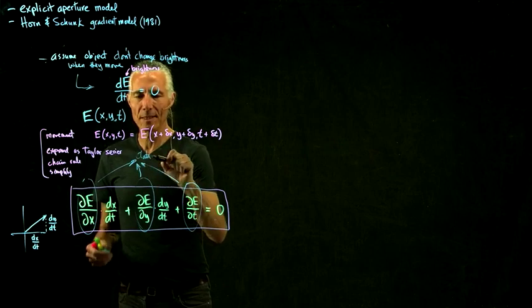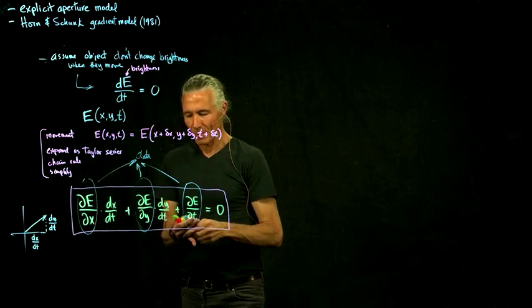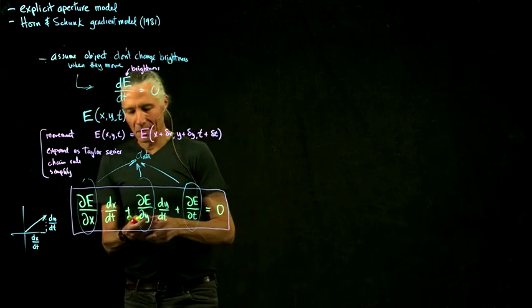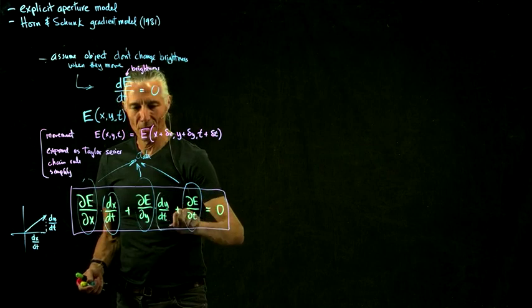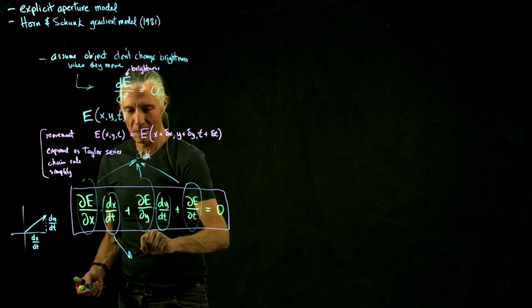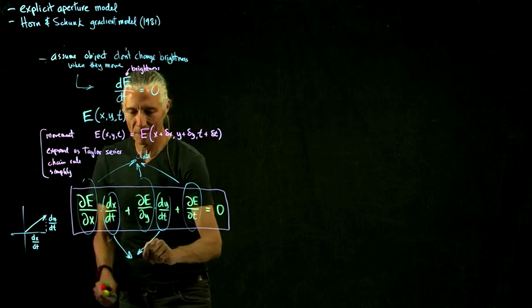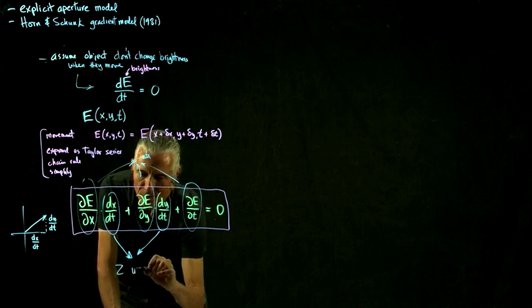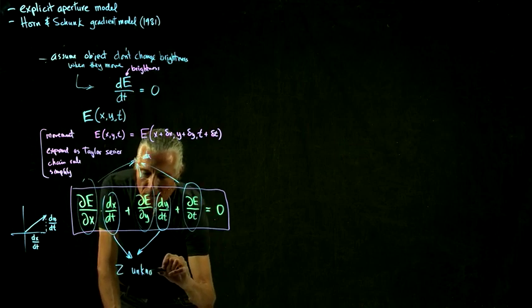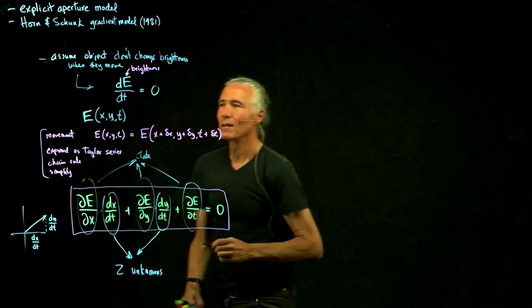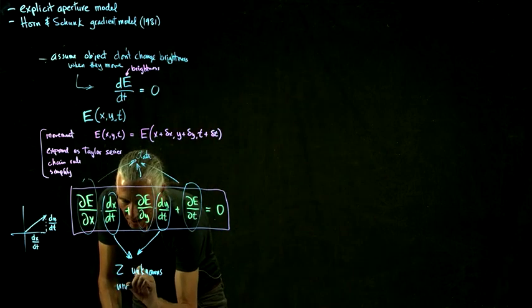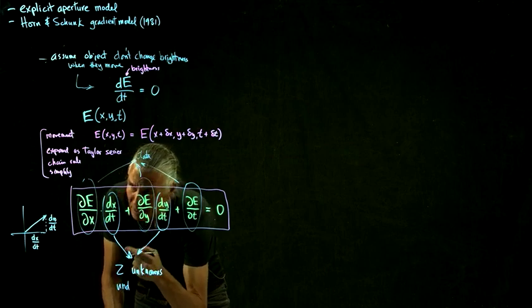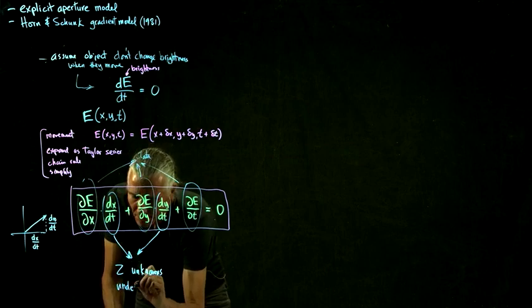But the problem is we've got 2 unknowns. So we can't solve this. 2 unknowns. So that means the equation is underdetermined. We've got the x and the y direction, so we can't solve for it.